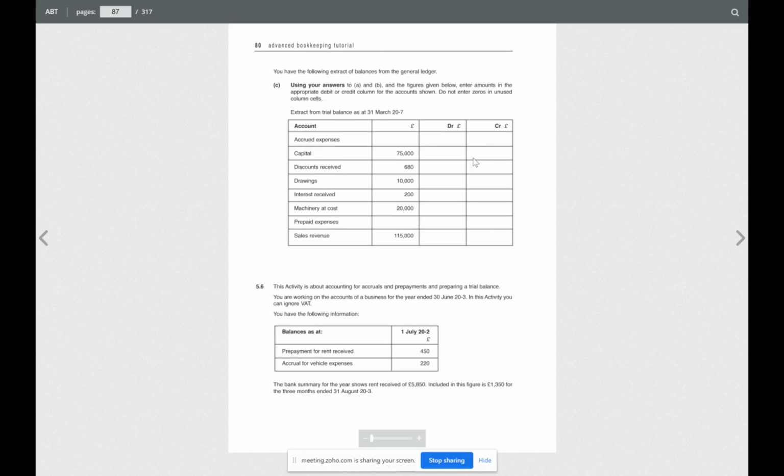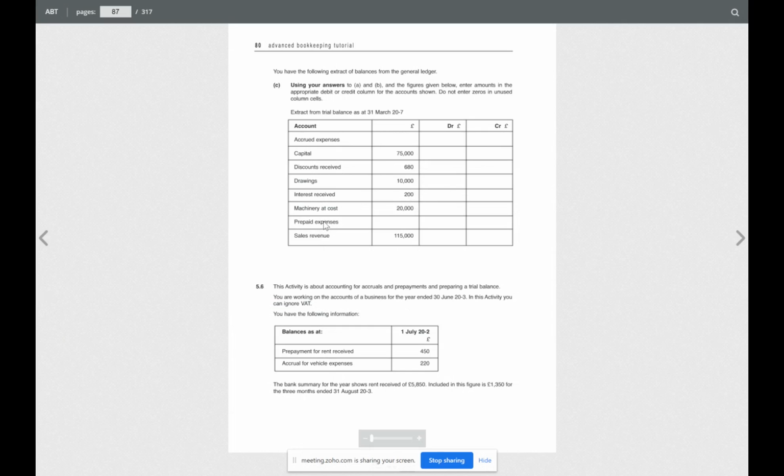Capital, we know it goes onto the credit. Discount received, credit. Drawings, credit. No, debit. Drawings debit. Sorry. Interest received is credit. Machinery at cost, this is an asset, will be debit.